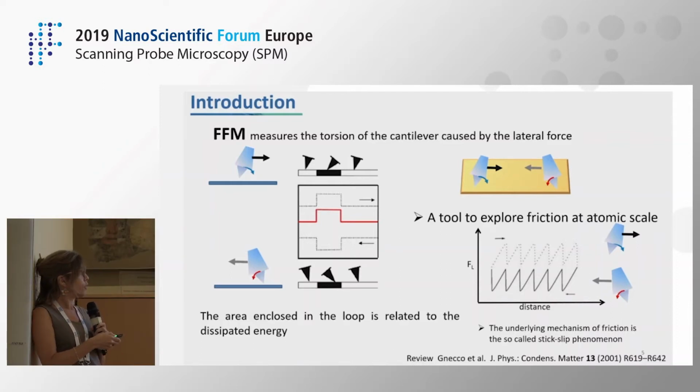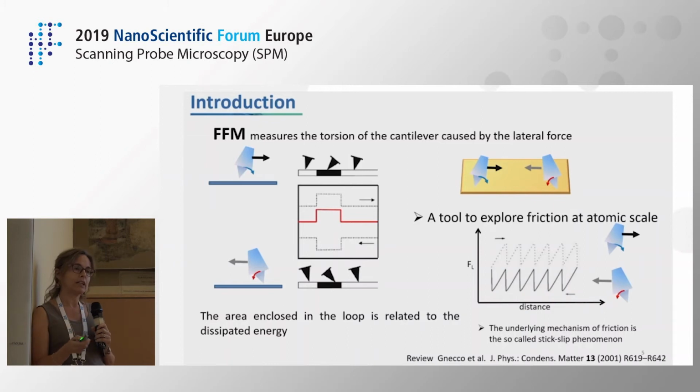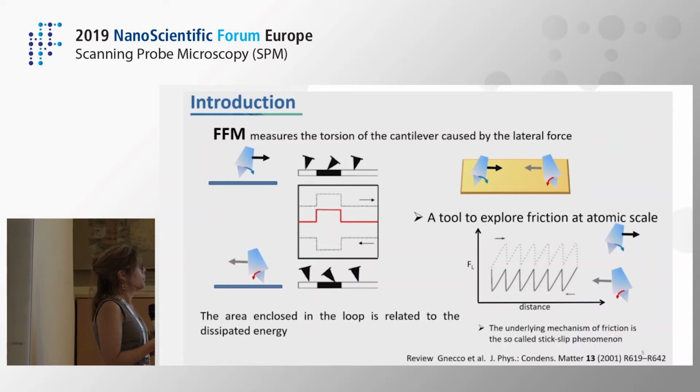So frictional force microscopy has been shown to provide important structural information of the material and also to provide a material-specific contrast. And here I will show you how TSM is a powerful tool to give structural information about organic semiconductors.